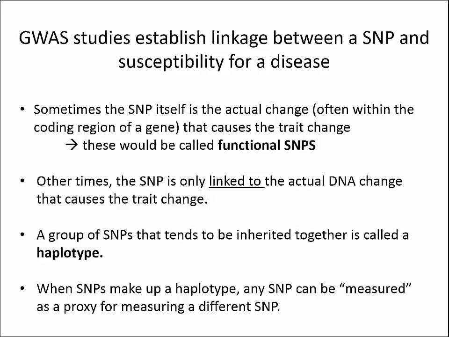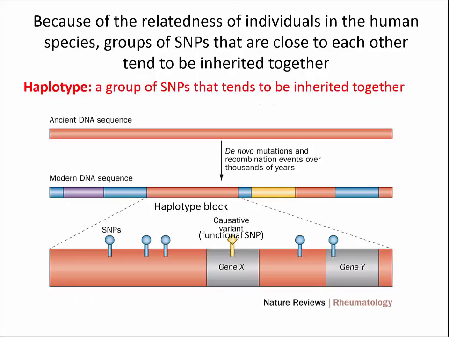When a SNP is within a group of SNPs making up a haplotype, it turns out that you can measure any of those SNPs within the group, and any of those SNPs will tell you whether you have the functional SNP, or the one that is actually conferring the trait change. Now, this is a little confusing, so I'd like to go into a little more detail about it.